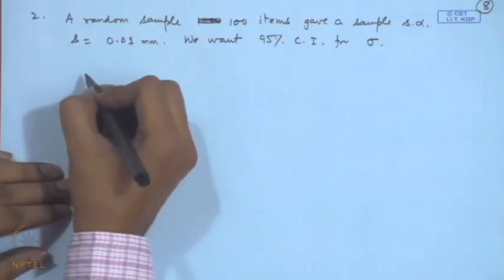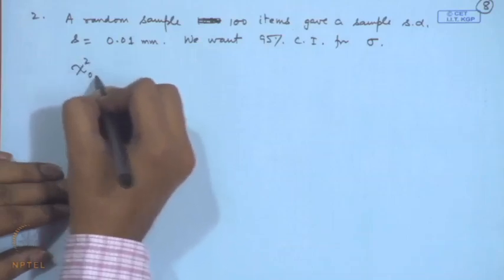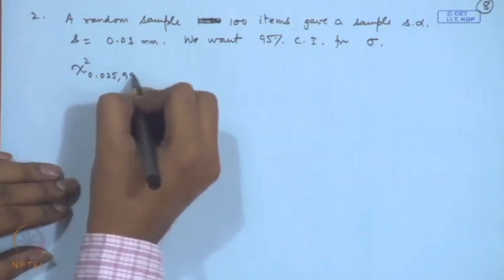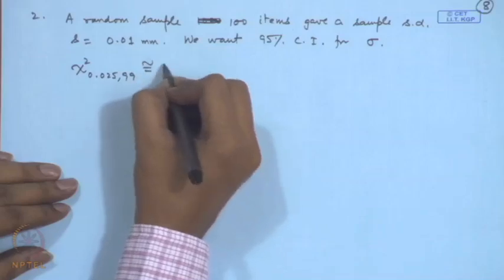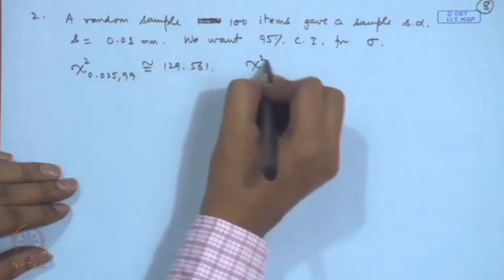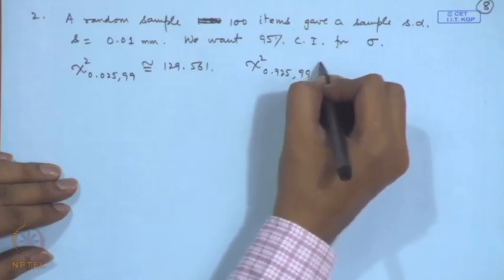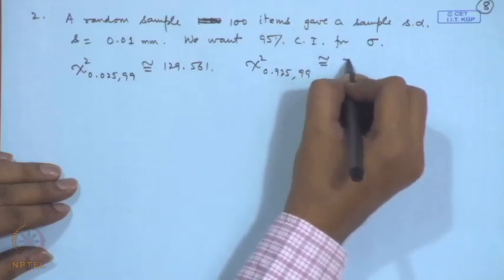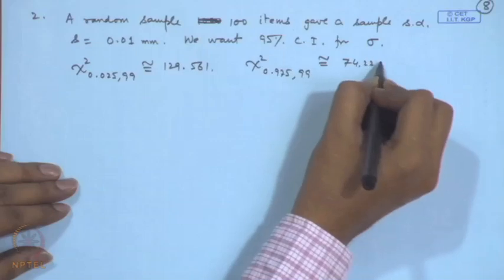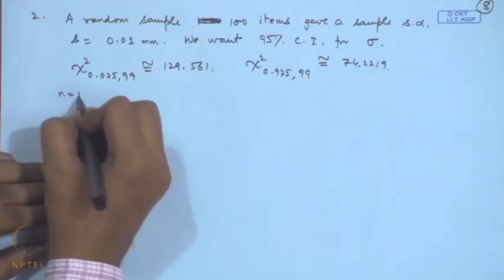Here the value of s is 0.01 and we calculate chi square 0.025 99 from the tables. This value is approximately 129.561 and chi square 0.975, that is 1 minus alpha by 2 on 99 degrees of freedom, is approximately 74.2219, and here n is equal to 100.